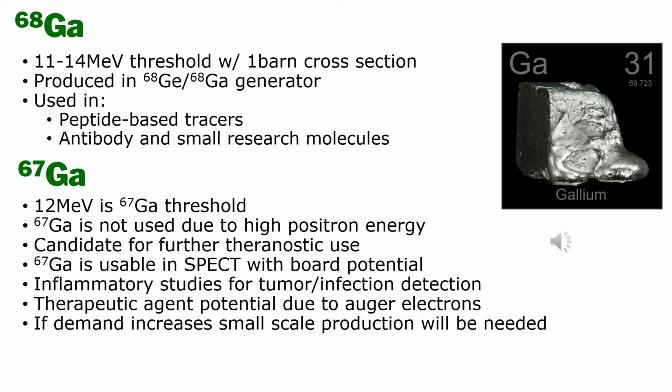Liquid target research has thus been in development, focusing on the zinc-68 to gallium-68 proton-neutron production channel. The optimal gallium-68 production cross-section unfortunately occurs at 12 megaelectron volts, which is also the threshold for gallium-67 production.